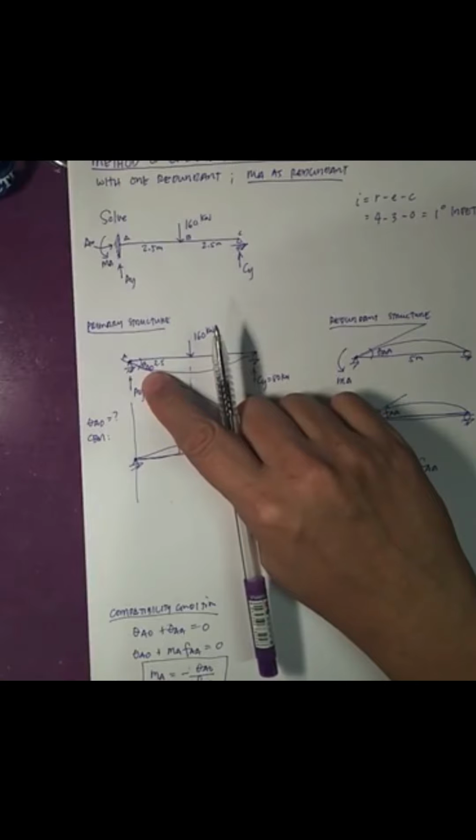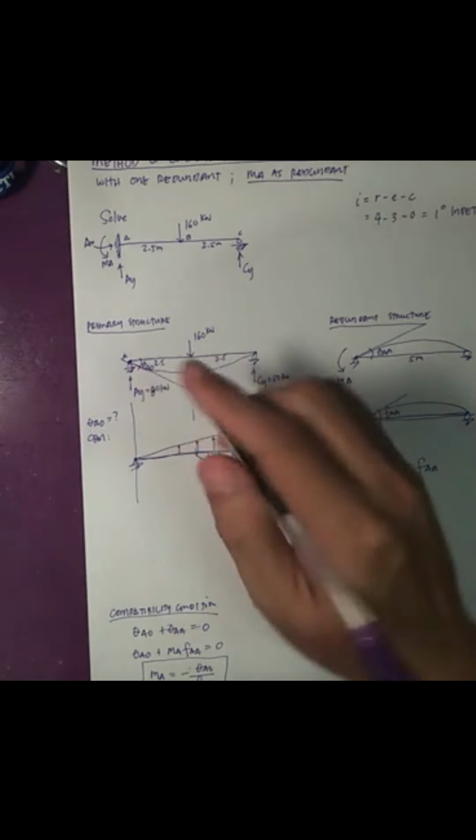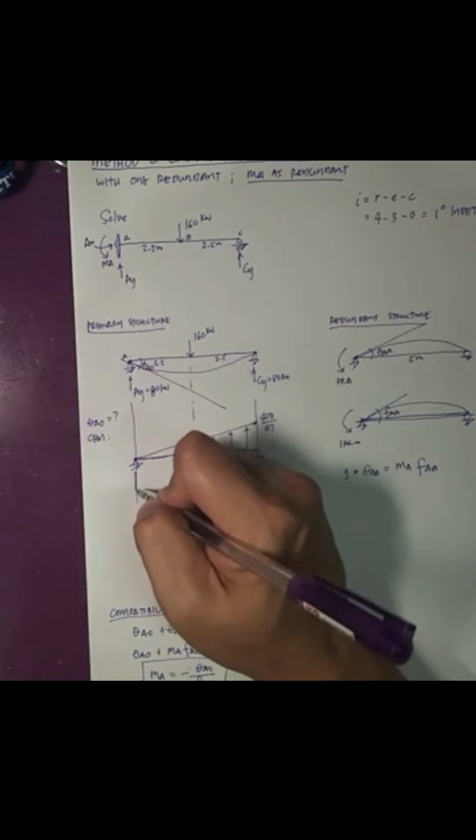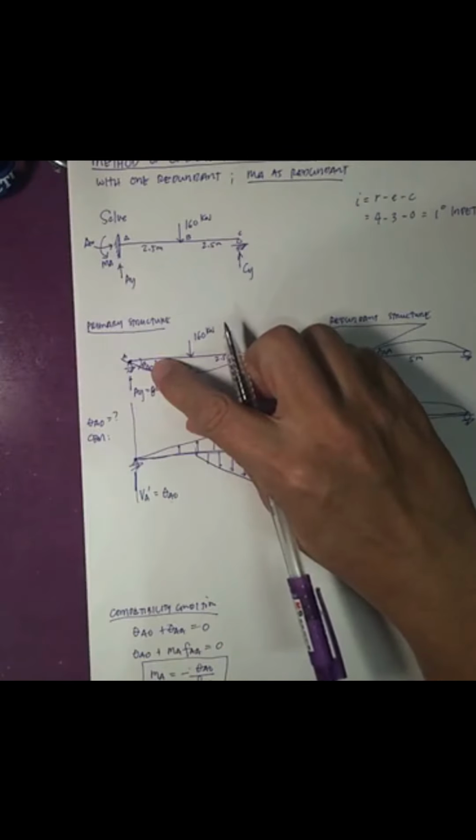So for me to be able to solve for this slope, theta AO, that slope on the real beam corresponds to the shear. Diba? So shear at point A on the conjugate beam. And that is actually the slope AO on that real beam.